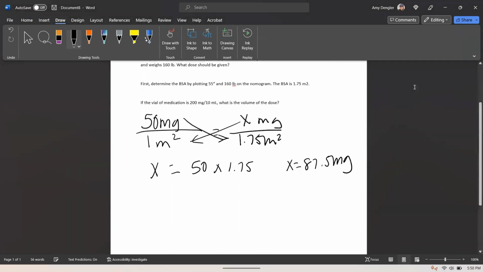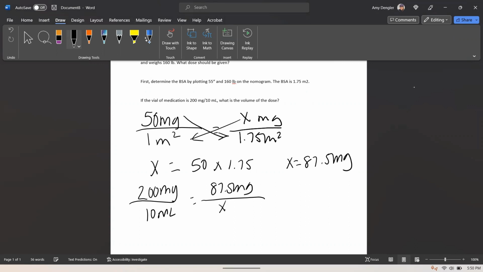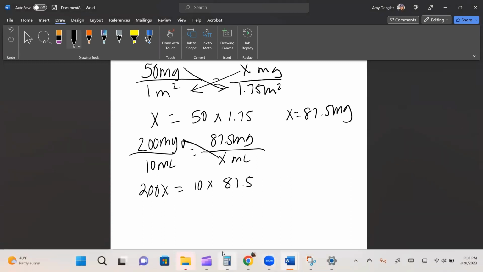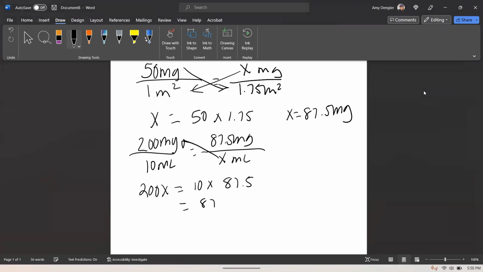milligrams. All right, next it asks if the medication is 200 milligrams per 10 ml. What is the volume of the dose? So we would do 200x is equal to 10 times 87.5. And we can get our calculator out and do 87.5 times 10 is 875.